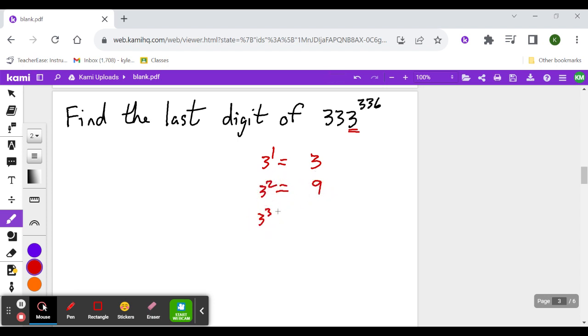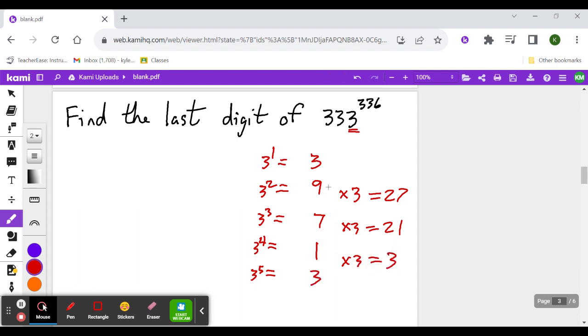3 to the third, if you don't know what it is, just take the 9, multiply it by another 3, you get 27, so the last digit is 7. 3 to the fourth, multiply by another 3, you would get 21, so the last digit is 1. 3 to the fifth, if I multiply by another 3, the last digit would be a 3.